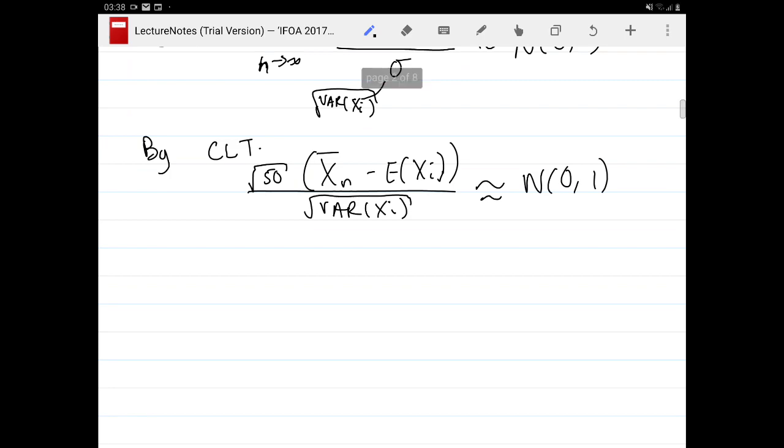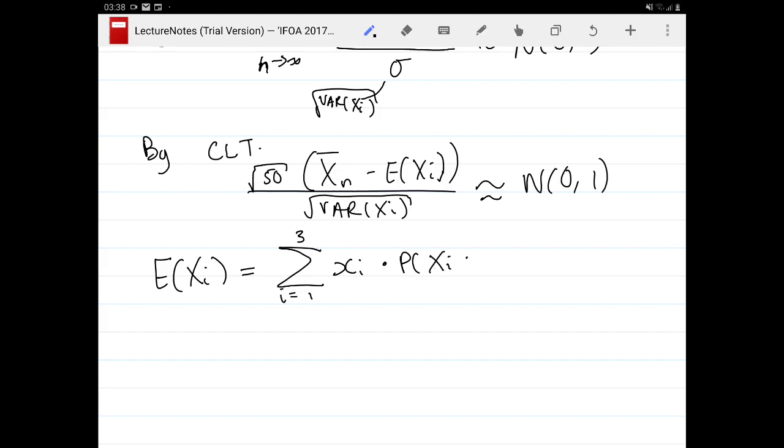So then we can go and find out, what is E of Xi? This is kind of a throwback to first year prob stats, but when you have a discrete random variable, you sum over all of your i's, and you take i and multiply it by the probability that Xi is equal to i.